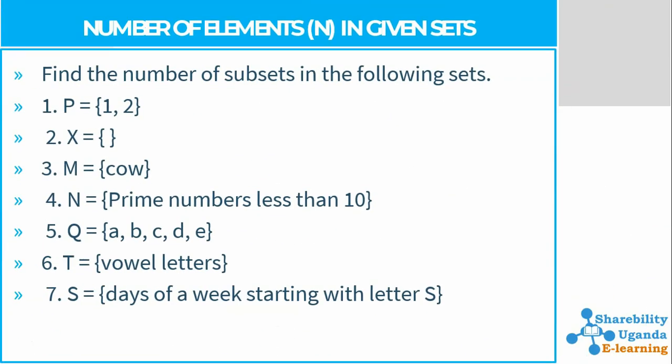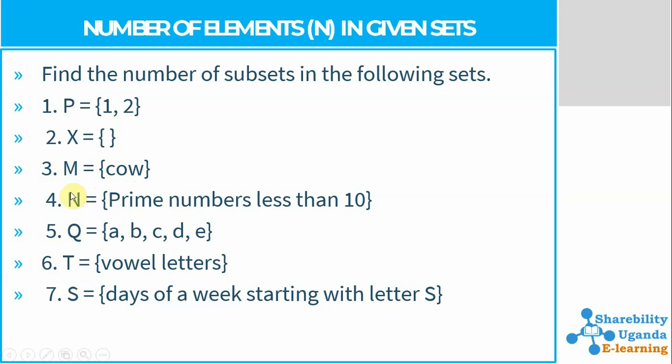So in today's video we are going to look at question 3, question 4, question 5, question 6, and form what we call subsets. I mean finding the number of subsets within these questions. So our question 3 is here. We have our set M, which has an element in it, a cow.